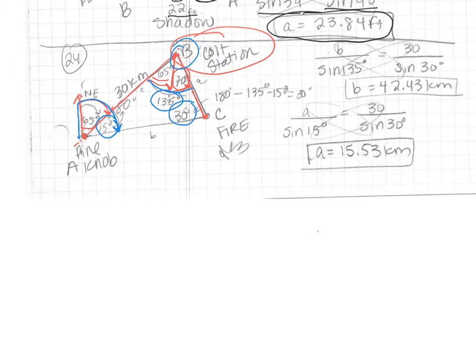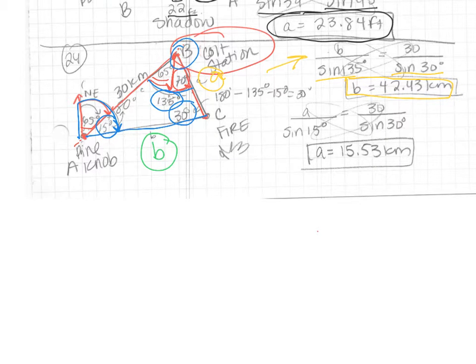And then they wanted the distance from both stations, I believe, to the fire. So B would be the distance from Pine Knob. And we could say that A is the distance from the Colt station. So if we use our law of sines, we can do little b over sine b, little c over sine c, and find b, which is the distance from Pine Knob.